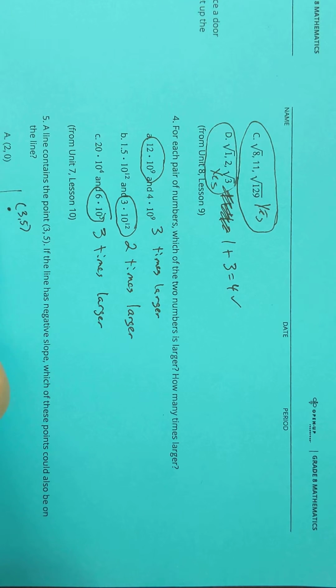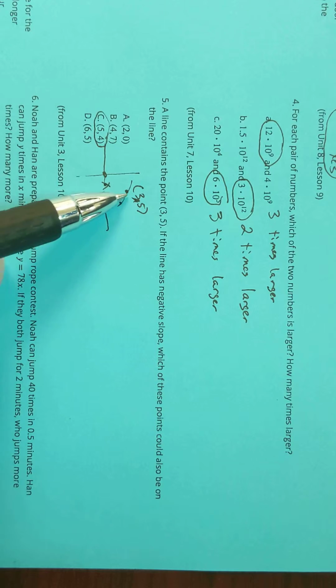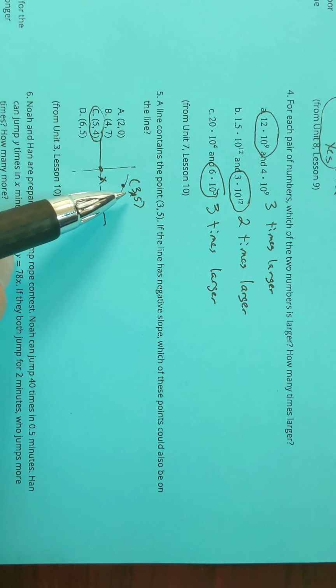That would be a positive slope, so that one didn't work. 4, 7 would be up here, so that doesn't work. That would be a positive slope. 5, a little farther and a little farther down, would be a negative slope. So 5, 4 there is our correct answer. Whoops. Alright, so there's 5, 4. That would be a little bit below and a little bit to the right, which would make a decreasing line there.